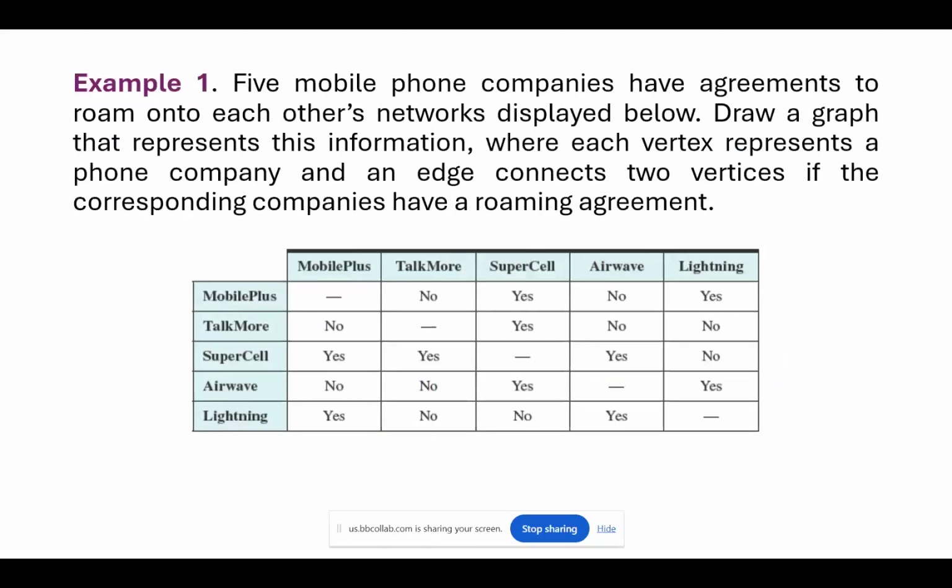An example where we can use graph theory: often when we have questions like these where we have a table, it is much easier to represent the problem by using a graph. So the question here is to draw the graph that represents this scenario where we have mobile phone companies and they have roaming agreements between two networks.